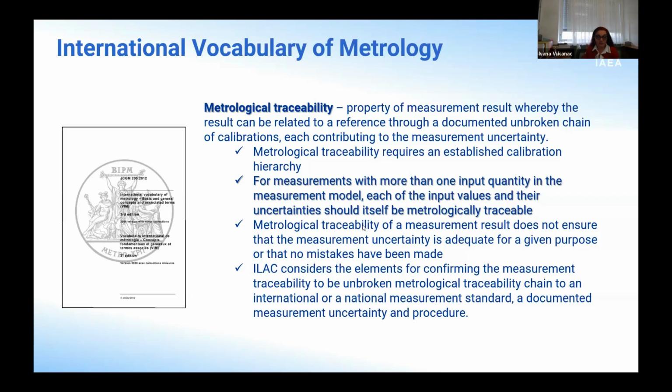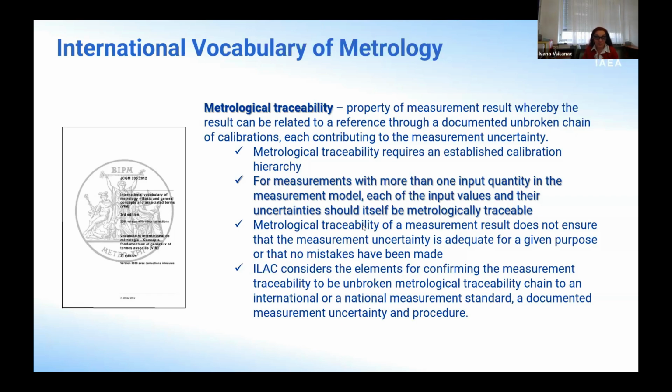The vocabulary gives, again, useful notes, and here I included some of them. For example, the second one: for measurements with more than one input quantity in the measurement model, each of the input values and their uncertainties should itself be metrologically traceable.